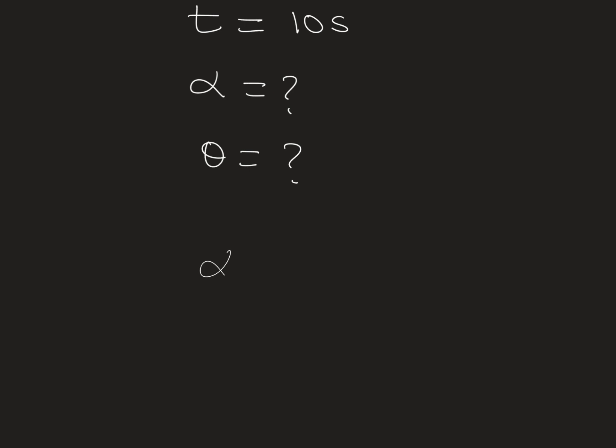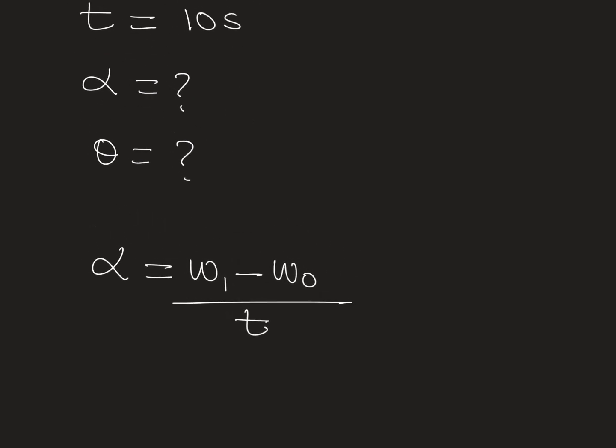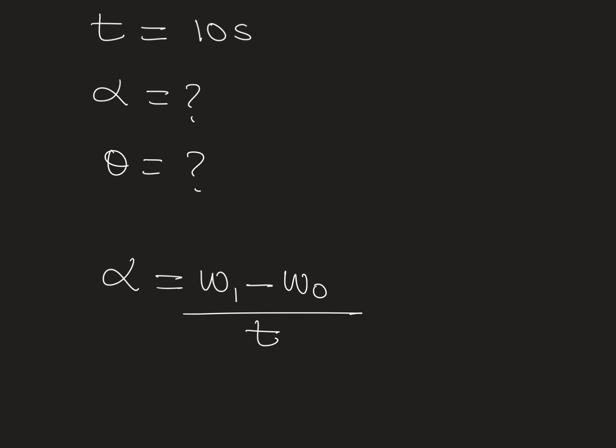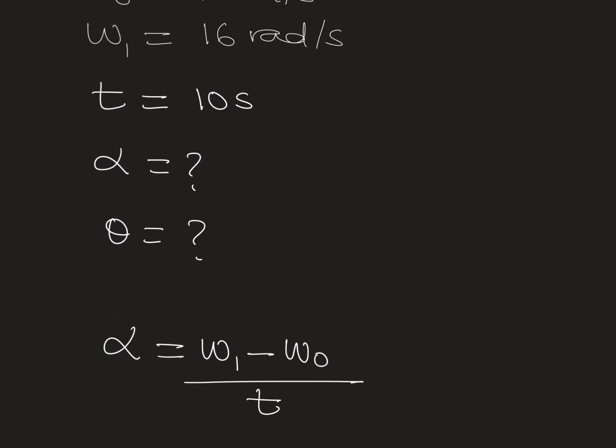So we know that angular acceleration is equal to omega 1 minus omega 0 divided by t. That is the final angular velocity minus the initial angular velocity divided by the time.